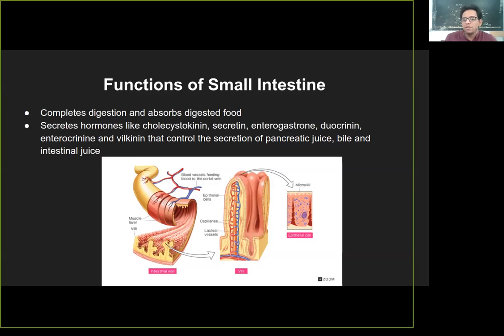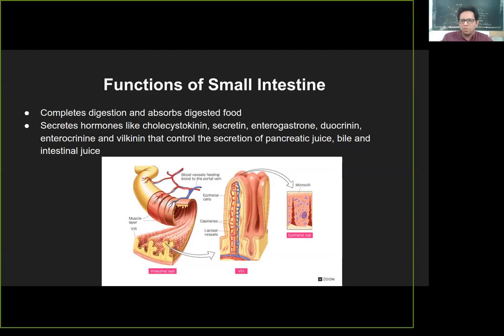For example, cholecystokinin is responsible for digestion of lipids. It will activate the enzymes which break down the lipids further into smaller molecules. And secretin is one such molecule which will increase the secretion of digestive enzymes, and so on and so forth.